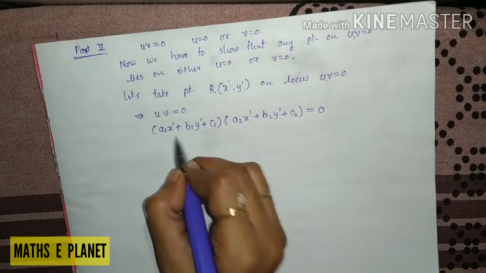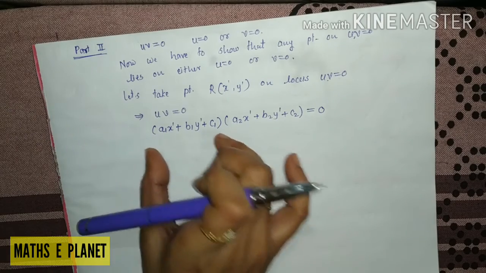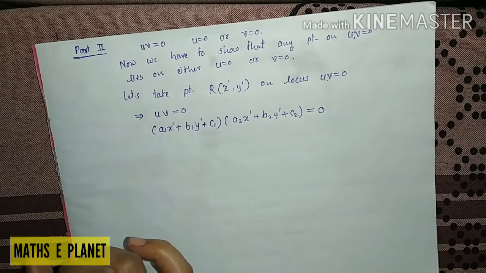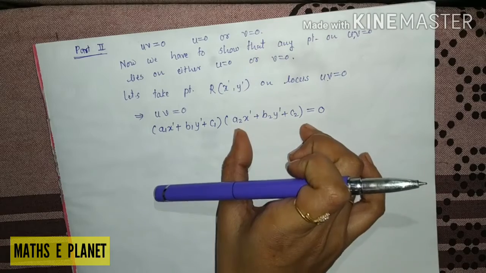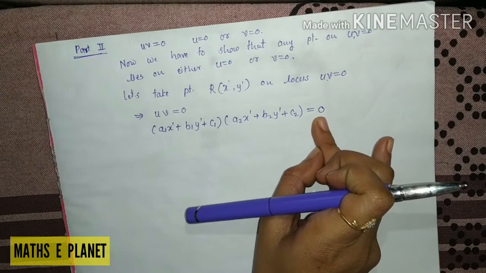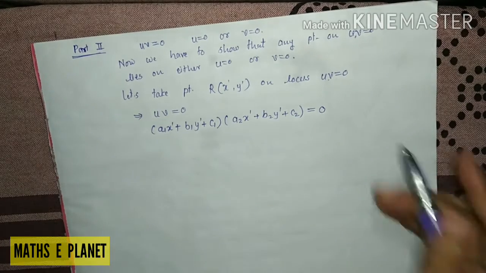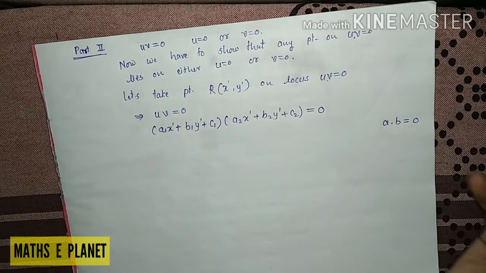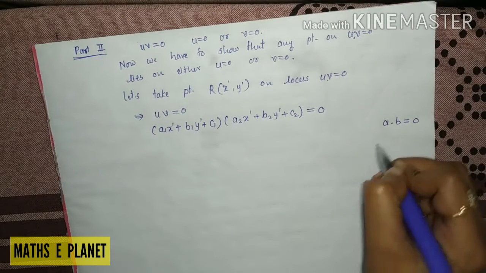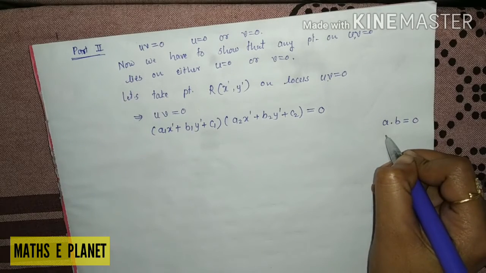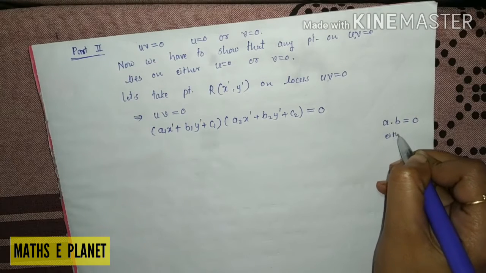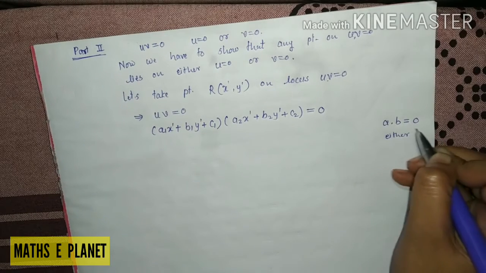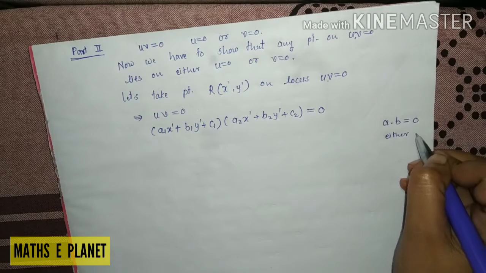Now if the multiplication of these two brackets is equal to 0, then when the multiplication of two numbers is 0, we can say that either a is 0 or b is 0.